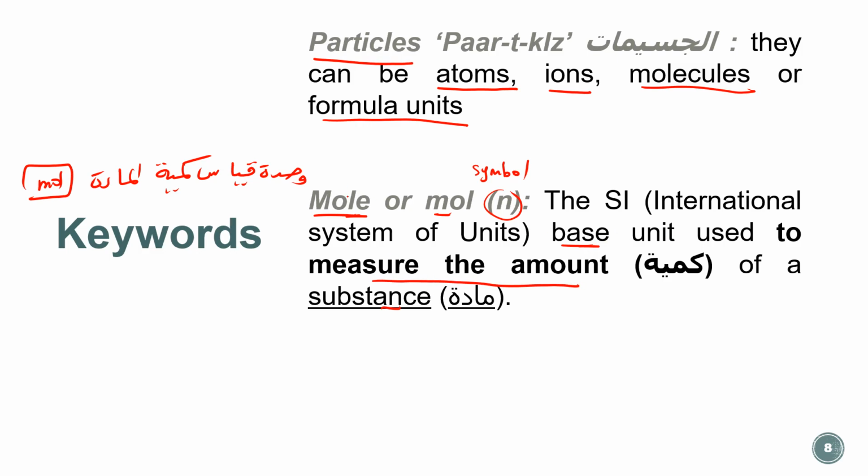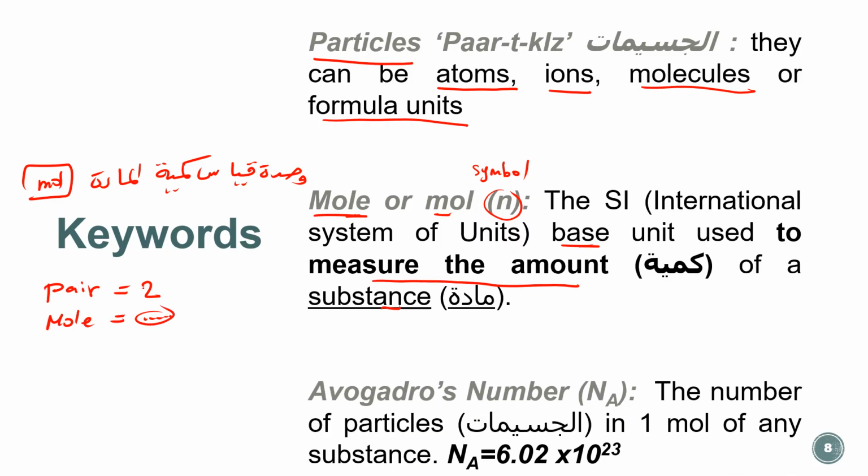هذه الوحدة. Okay? So remember, pair means 2, right? So mole also has a number here, and we'll see it. Avogadro's number is the number of particles in 1 mole of any substance. So 1 mole is actually this number, guys: 6.02 times 10 to the power 23.